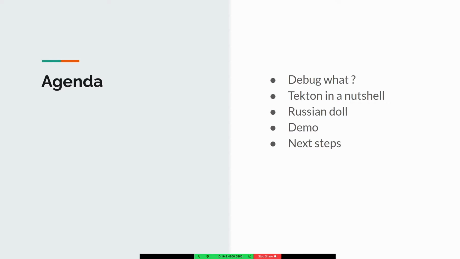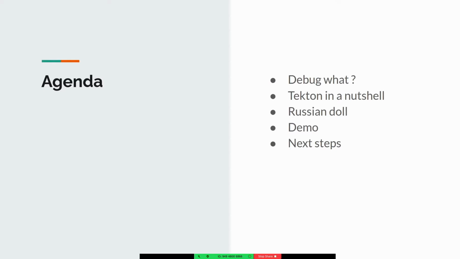Right, so let's go through the agenda. First, we'll define a little bit what we mean by debug, in debug what. Then we'll go rather quickly over what Tekton is in a nutshell. Hopefully you already know a bit what Tekton is when going to this talk, but if you don't, this will be a really quick introduction to Tekton.